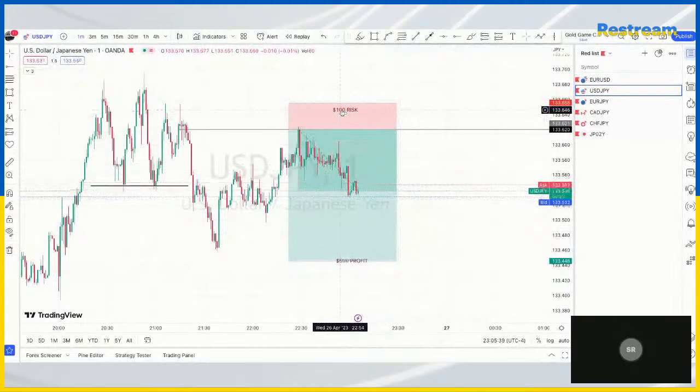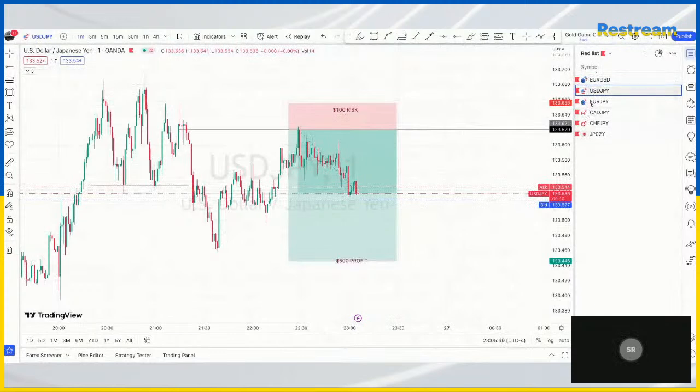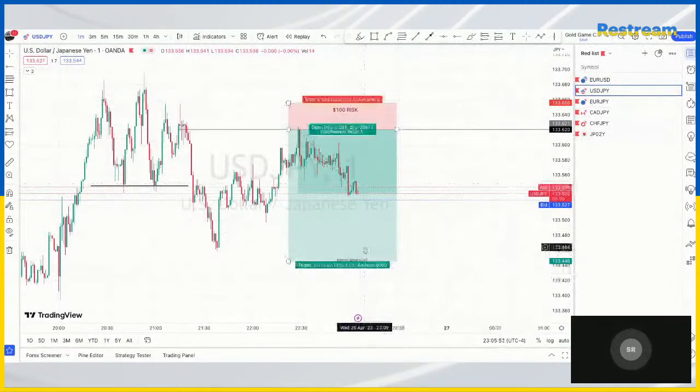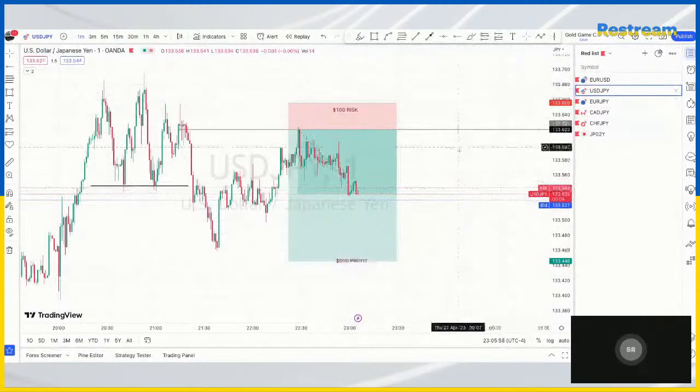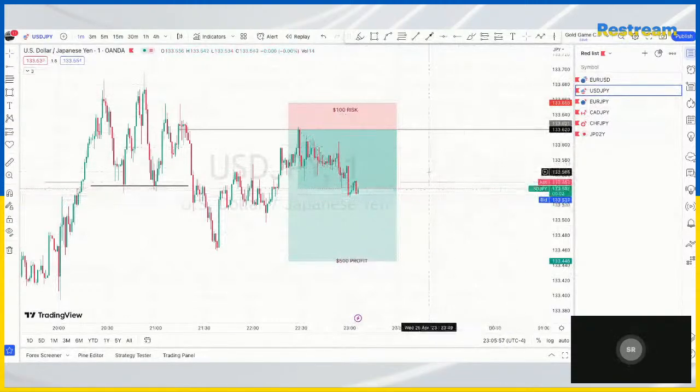Now picture this: if you risk 1,000 on each trade, right? That would be $8,000 all total, which means if you win one trade, you're making 5,000. Let's just use one for example, right?